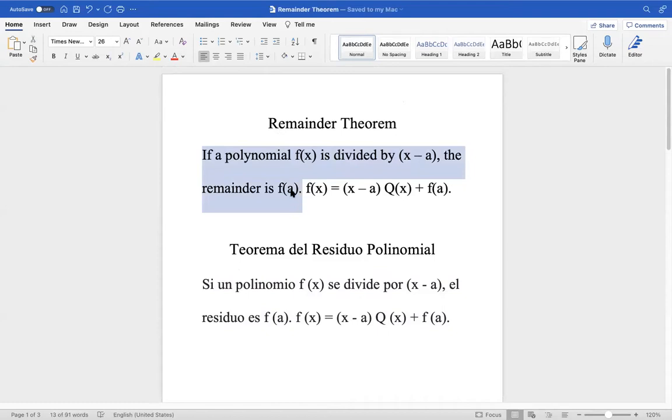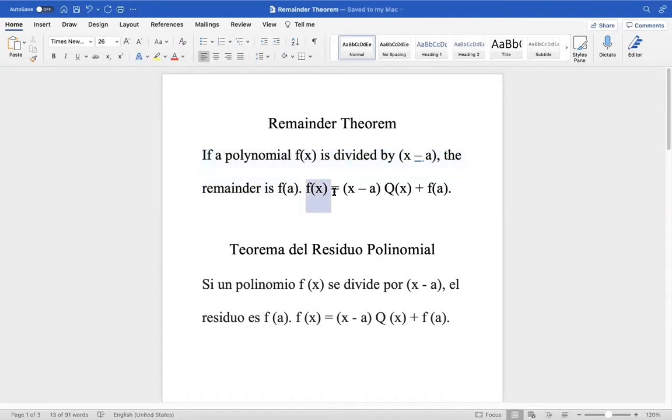That is, you have the a that's in the binomial, you evaluate that in the polynomial that's being divided, also known as the dividend, and this is called the divisor. Once you evaluate that a into that f of x, you will be returned a remainder when dividing. Like I said, this is a much neater way to explain and understand how to find remainders or how to even find factors, which I will explain later.